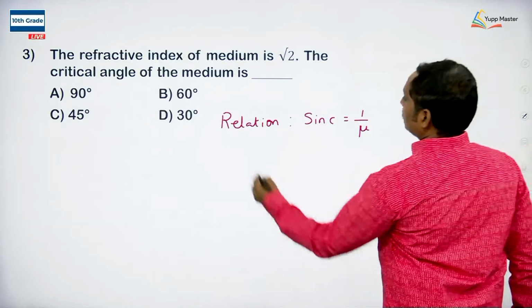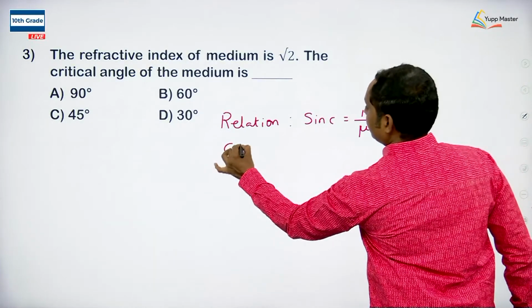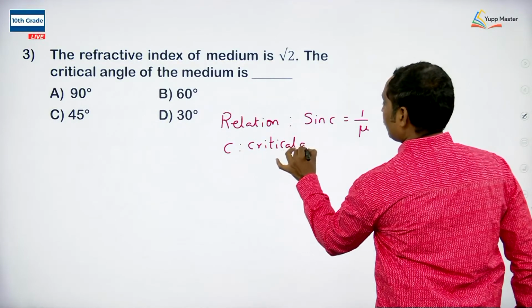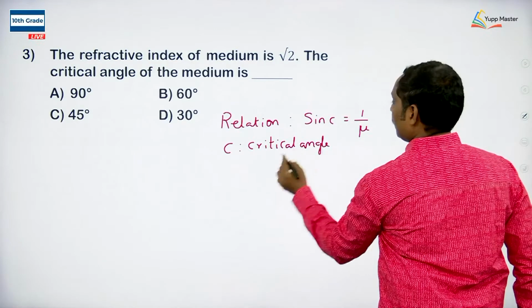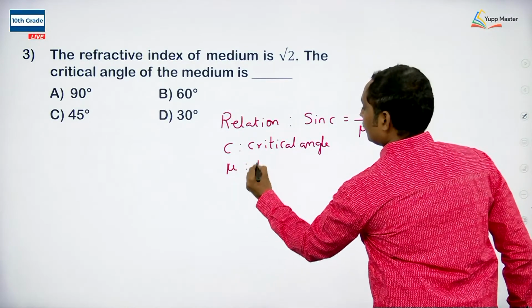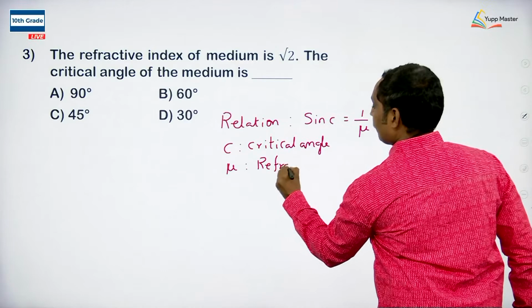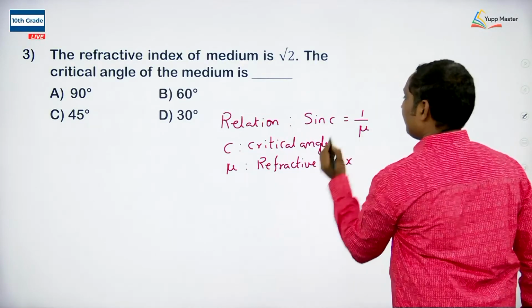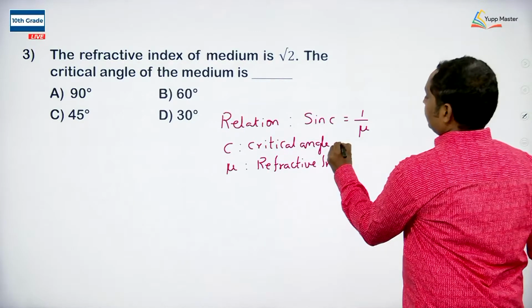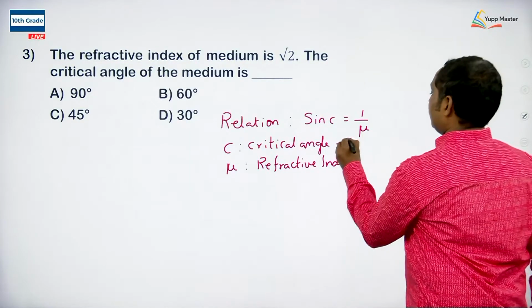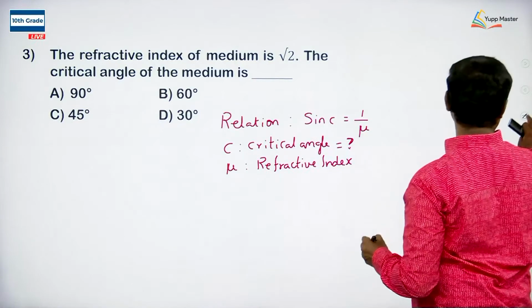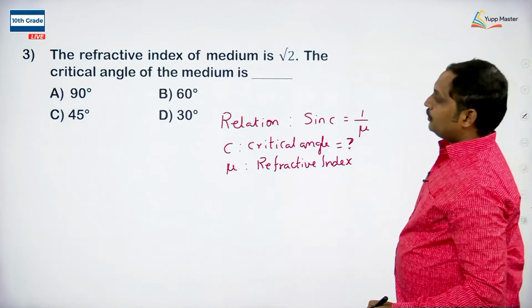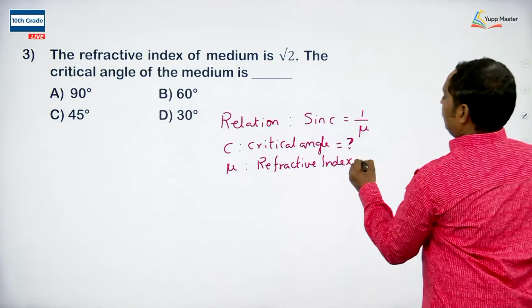Here C is the critical angle, mu is the refractive index. What is the mu value?